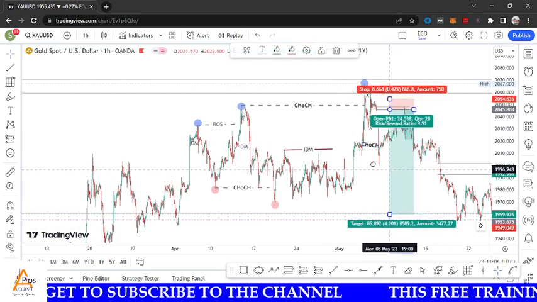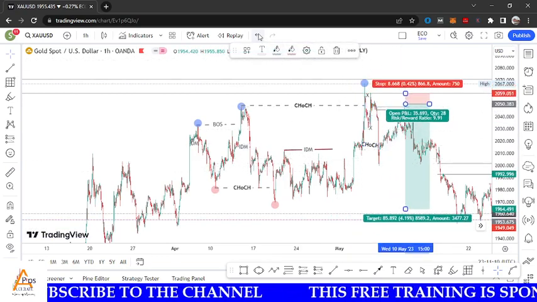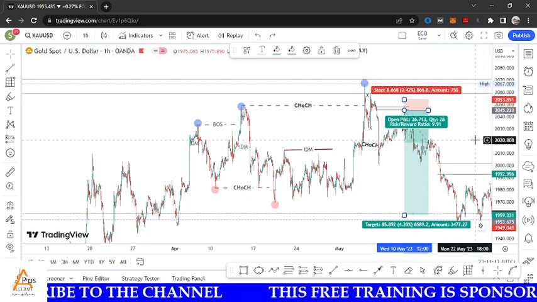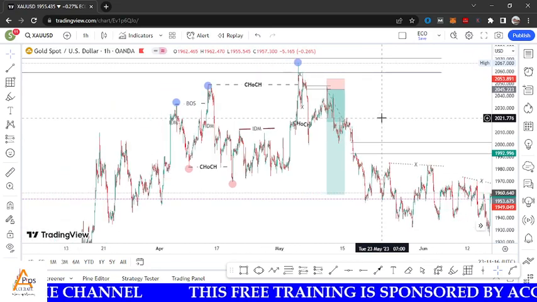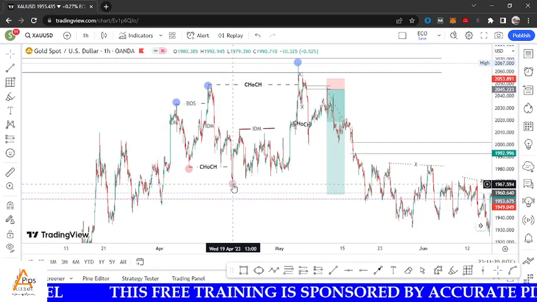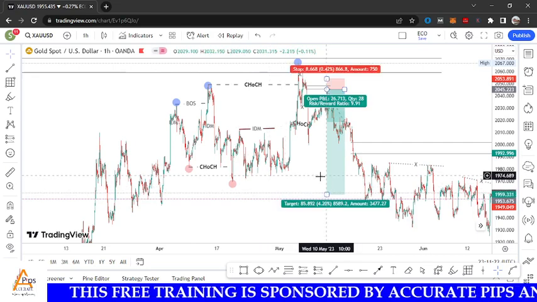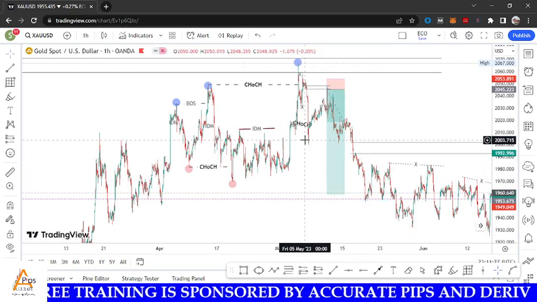That's after confirming my change of character. Now this is our last recent lower low that was formed in the market.